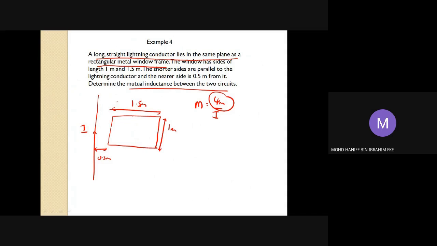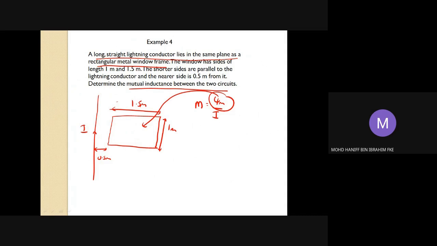In this case we have two circuits: the first circuit is your conductor, and the second circuit is your window metal frame. So the flux is the flux trapped inside this window metal frame, and I is the current producing it. I hope you understand the concept of mutual inductance clearly based on this example.